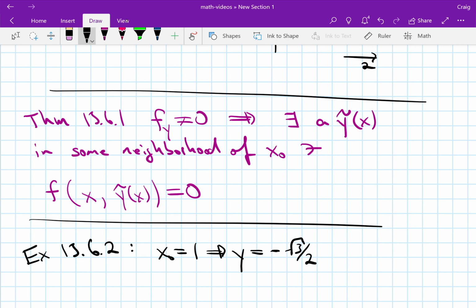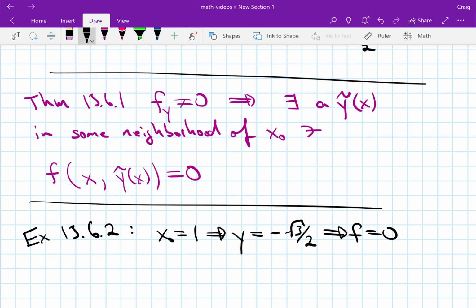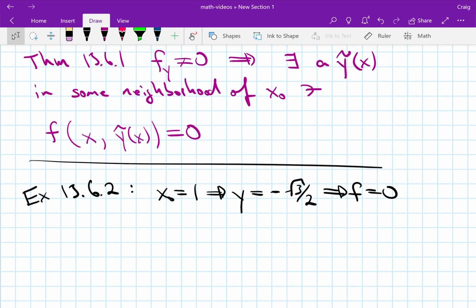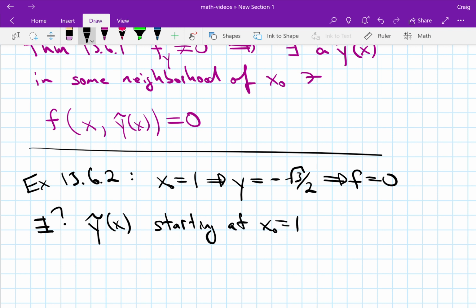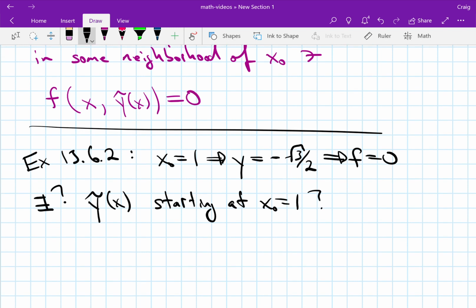So clearly, if I choose that value of x and y, I satisfy my constraint relationship. But then the question is whether or not I'm guaranteed: does there exist a y tilde of x starting at x naught equals 1?